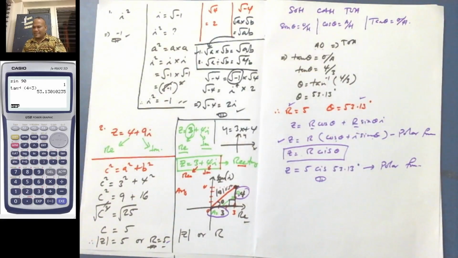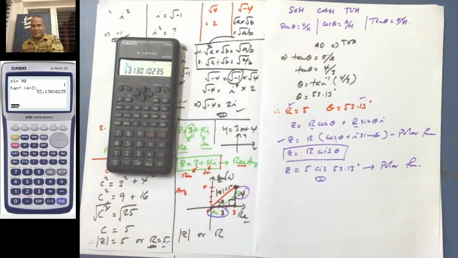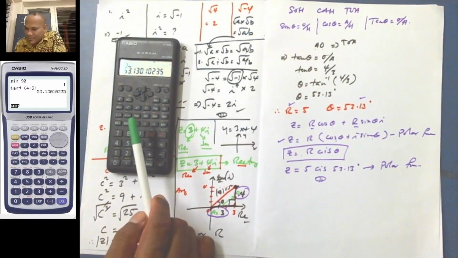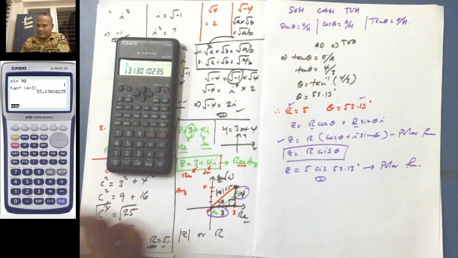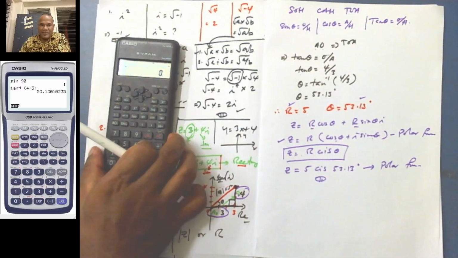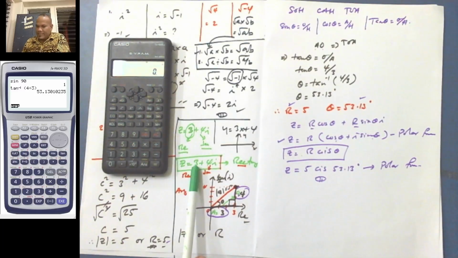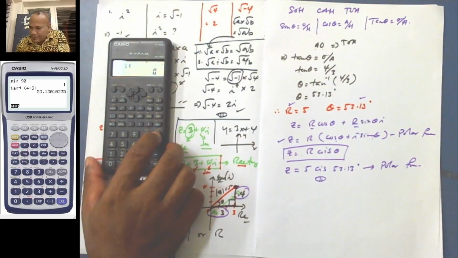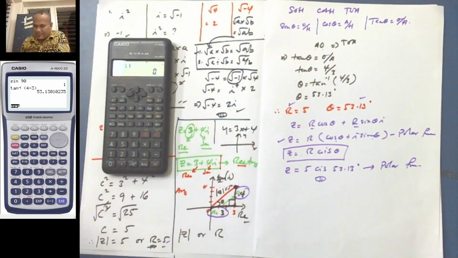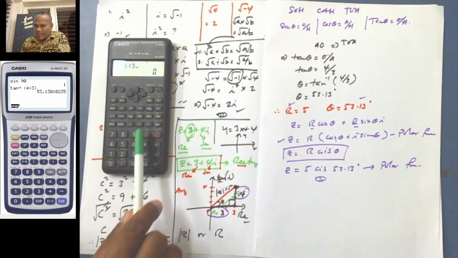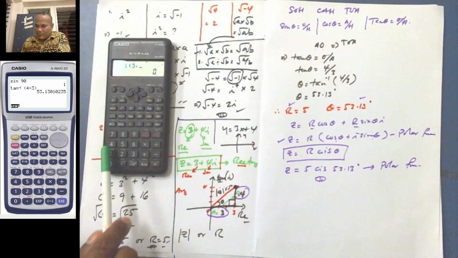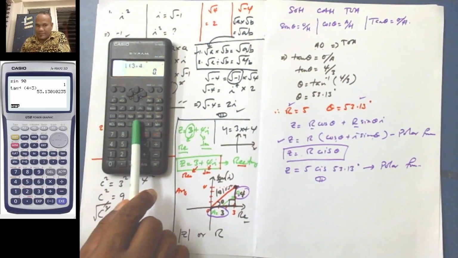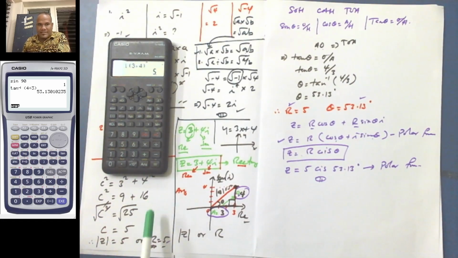I hope that's cleared. I hope you have understood that part. I'll repeat that again. If you want to convert 3 and 4 into polar, you press Pol, then 3, comma, 4, close bracket, equals 5. That is your Z modulus.